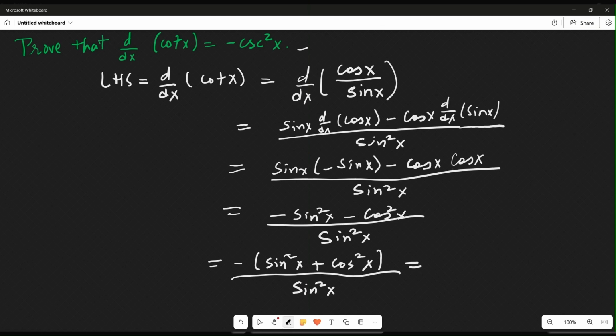By the trig Pythagorean identity, this is negative 1 over sin square x, and this is equal to negative cosecant square x.